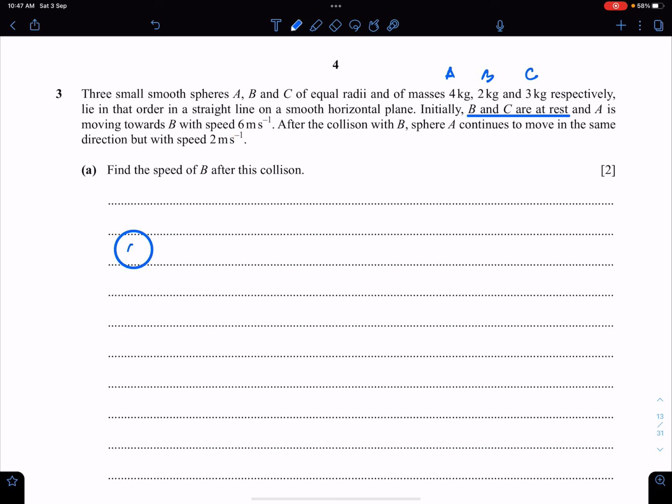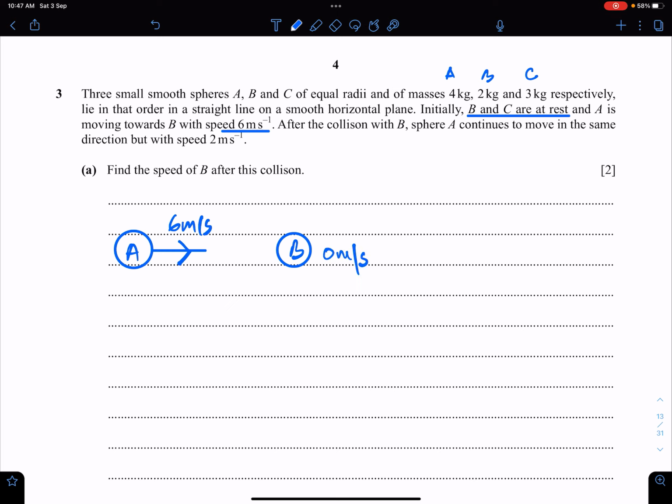So this is the condition before the collision. A is moving towards B with speed 6, and B is at rest.